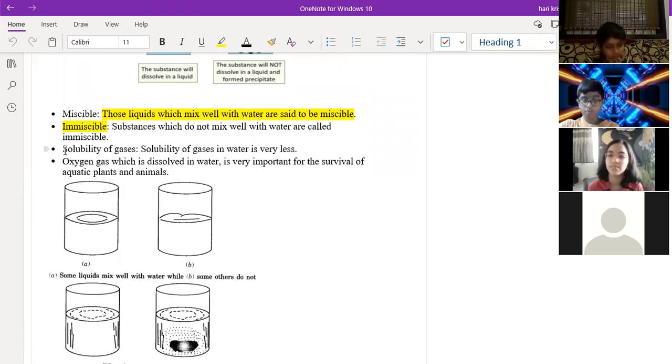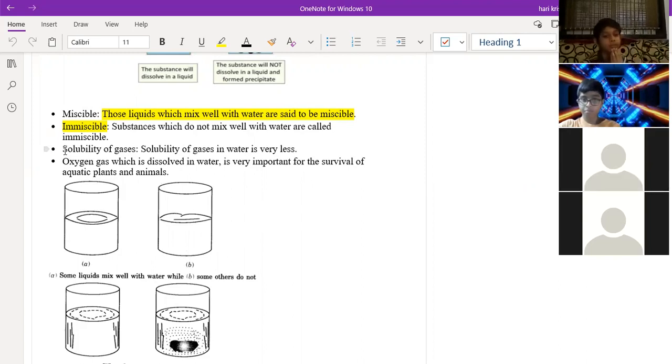Understanding? Yes, sir. So based upon that you can also classify gases based upon their solubility in given liquids. Okay, sir. So oxygen gas dissolved in water is very important for the survival of aquatic plants and animals.